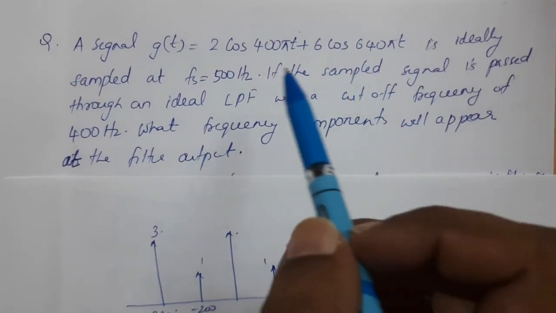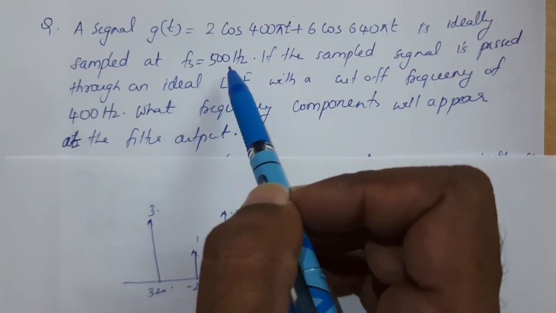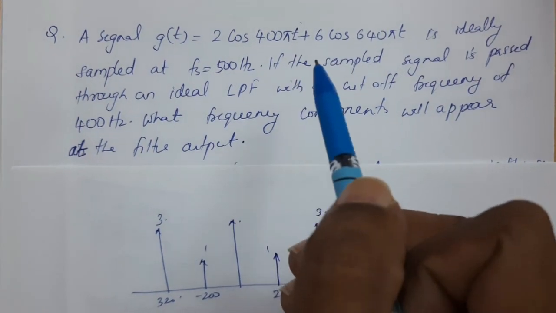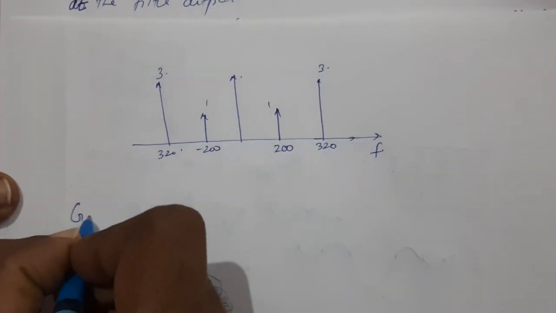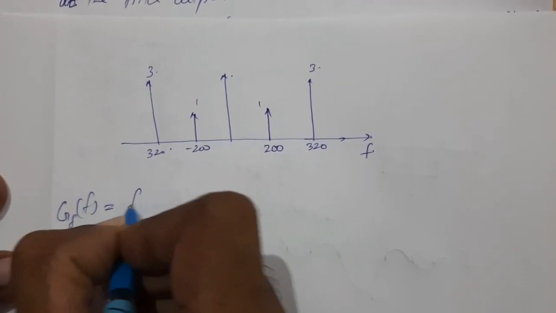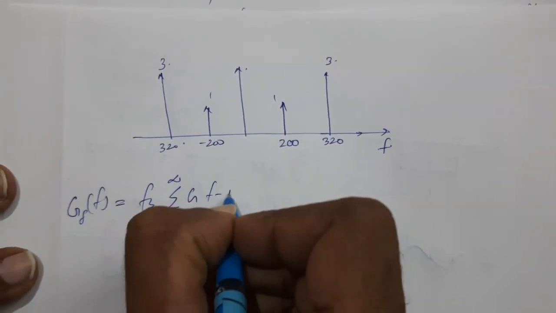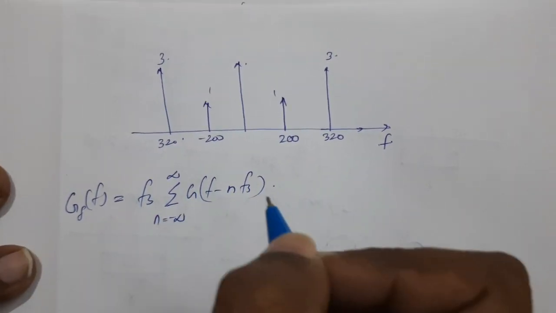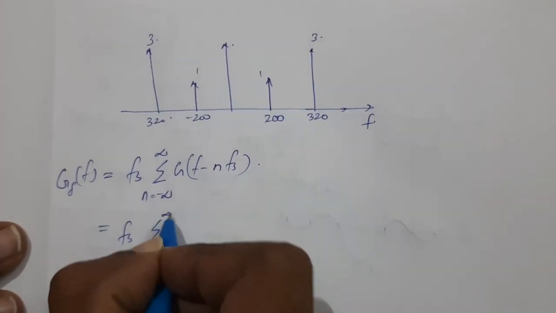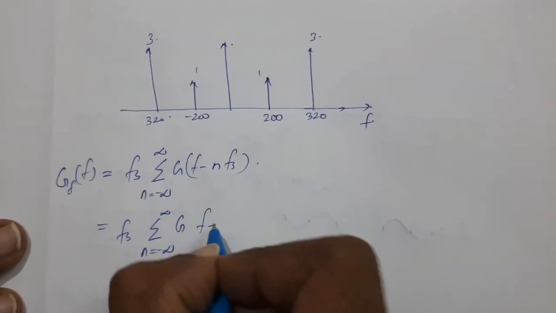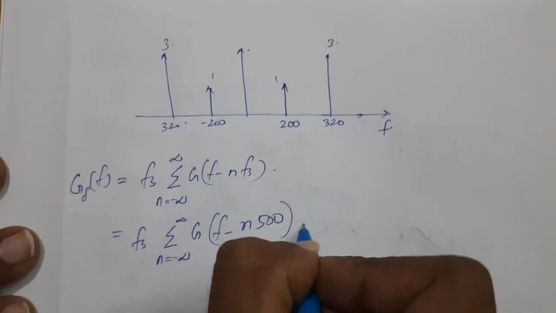Given that the signal is ideally sampled at a sampling frequency of 500 Hz, we need to use the Fourier transform of the sampled signal. The Fourier transform of the sampled signal is given by g delta of f equals fs into the sum from n equals minus infinity to plus infinity of g of f minus n fs, where fs is 500.